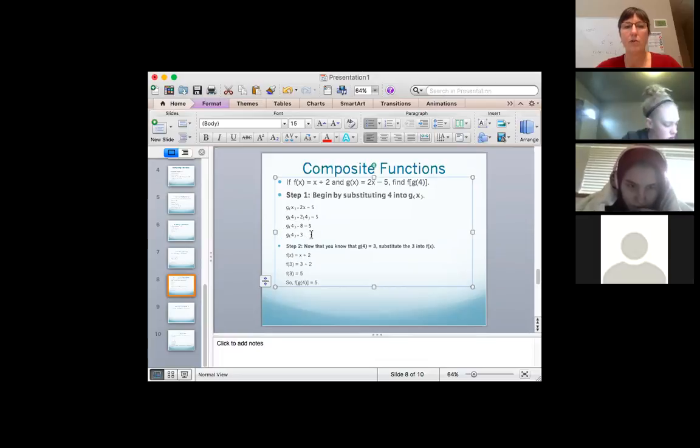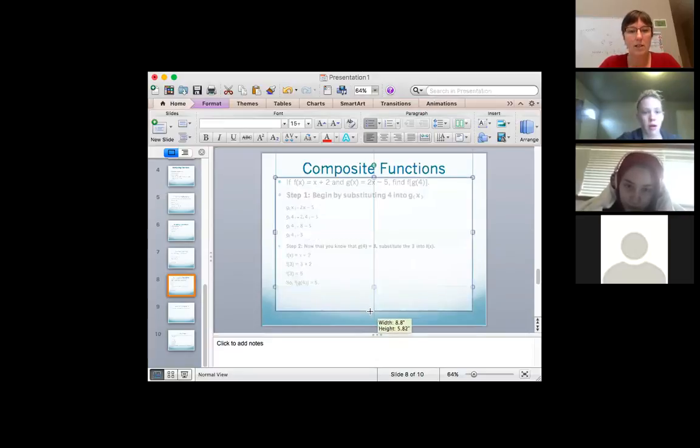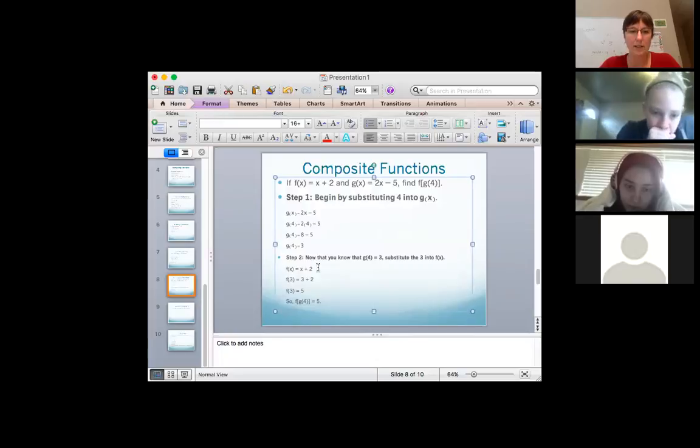So g of 4 is equal to 3. All righty, so now, is everybody with me on where that came from? You ladies seem right on top of these functions. So then, when we're looking at the next step, we're going to go back to f of x.